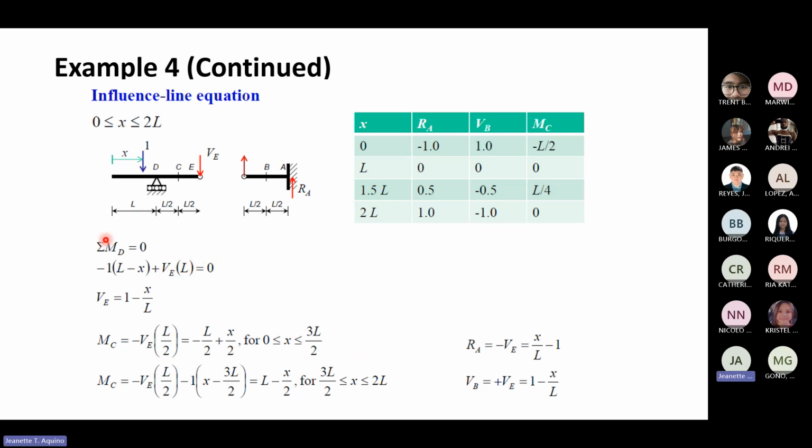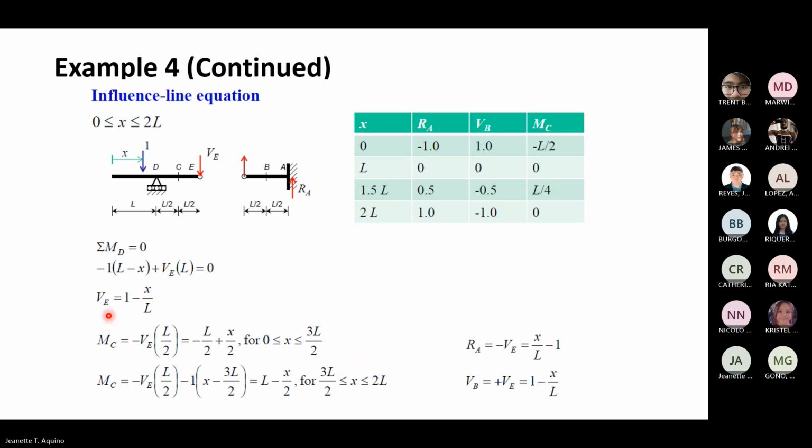So we take the summation of moment at D equal to 0. What are the forces? This force -1 times (L minus X), plus the shear VE times L, plus the moment at D. The distance is L over 2 plus L over 2, equal to L. So the shear VE is equal to 1 minus X over L.